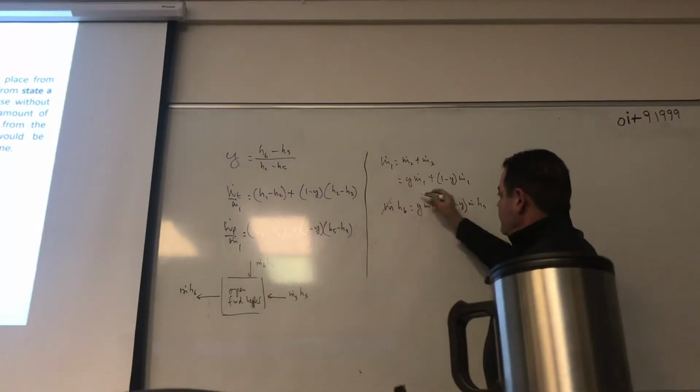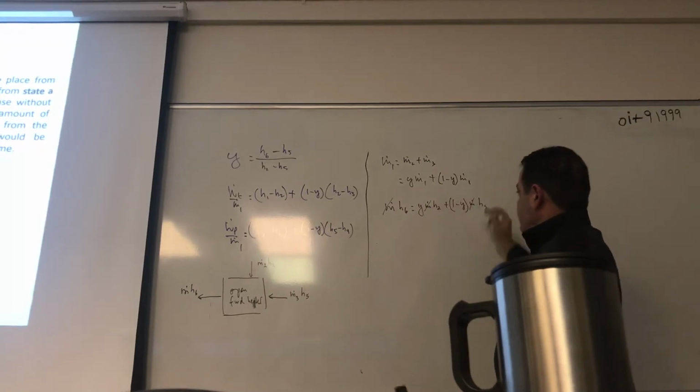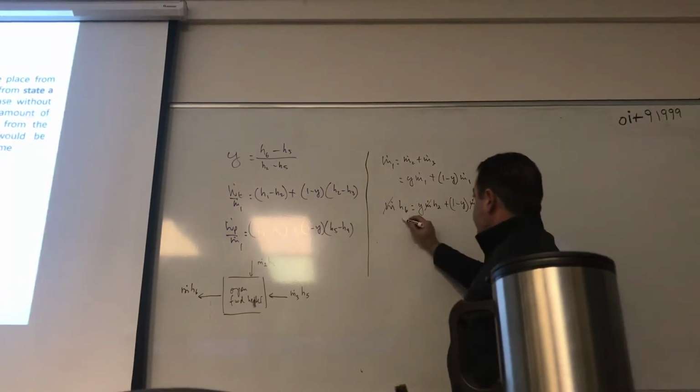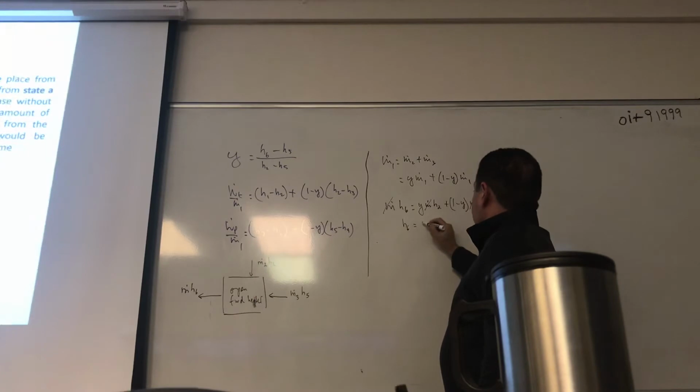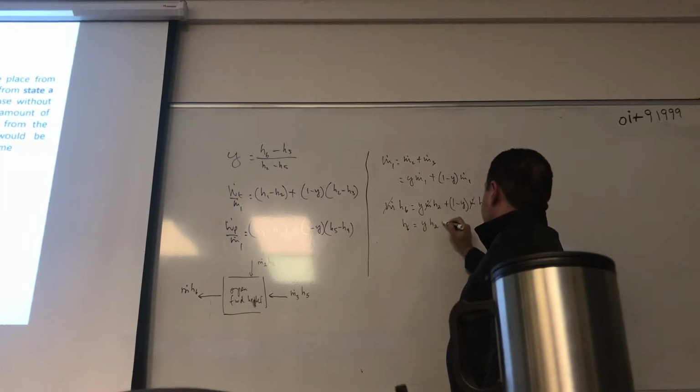Now I can get rid of the m dots, it simplifies, and I get h6 is equal to y h2 plus h5 minus y h5.